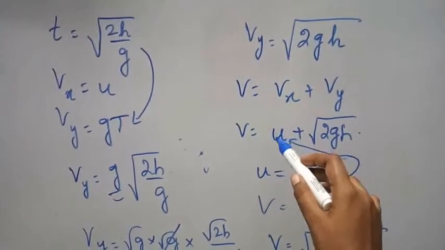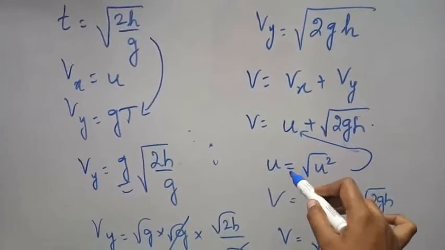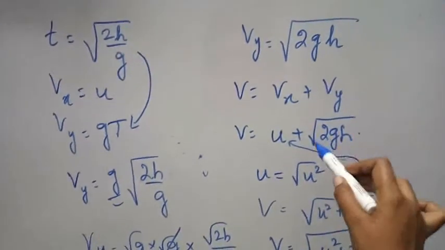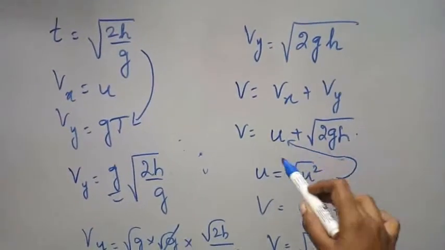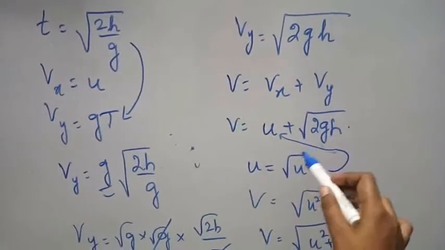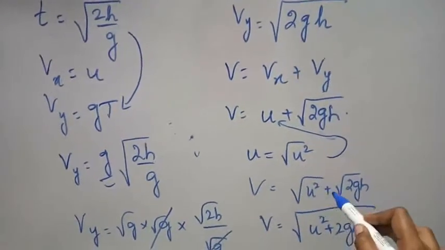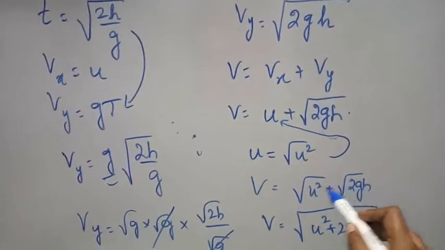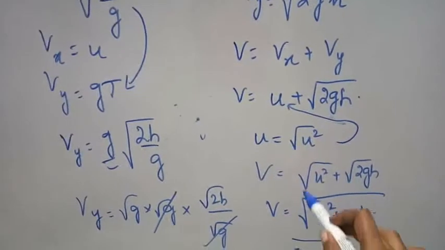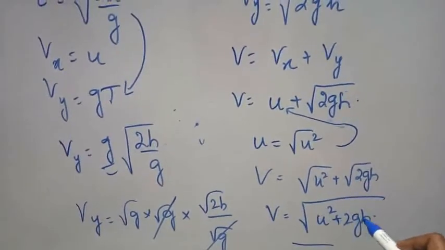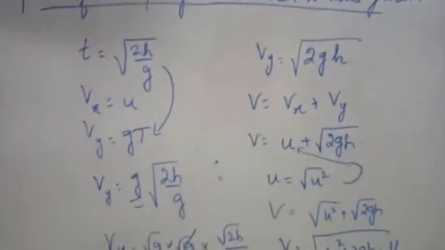So u can again be written as root of u square, because square and square root will get cancelled off, because one term is in root and the other term is not in root. So to get that, I am going to write this u as root of u square. So v is equal to root of u square plus root of 2gh. So you have root common here. So v is equal to whole root of u square plus 2gh, which is the speed of the projectile to hit the ground.